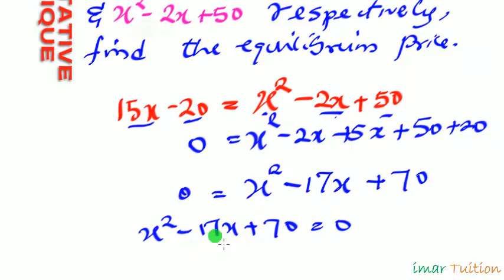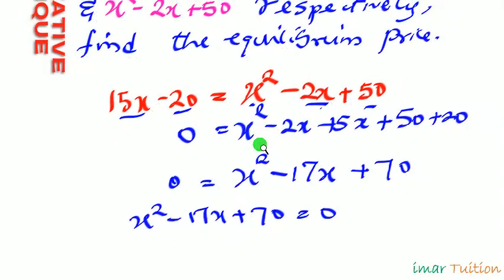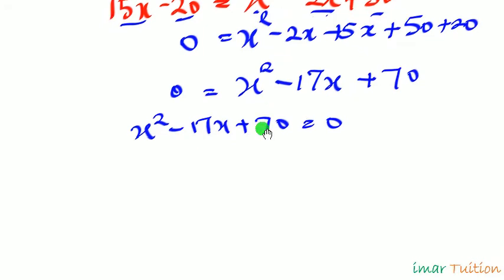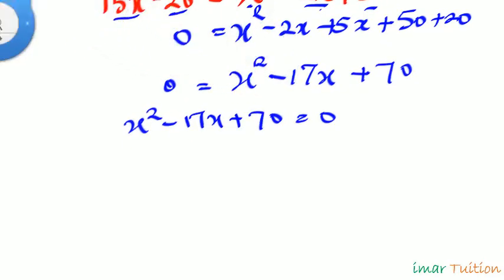Now to find the values of x, we're going to factorize. If you've not learned that, you need to try and read something up on factorizing quadratic equations. We're going to factorize and look for values of x. To do that, we're going to use what we call the completing the square method. We're going to look for numbers that when added together give us 17 and when multiplied give us 70.